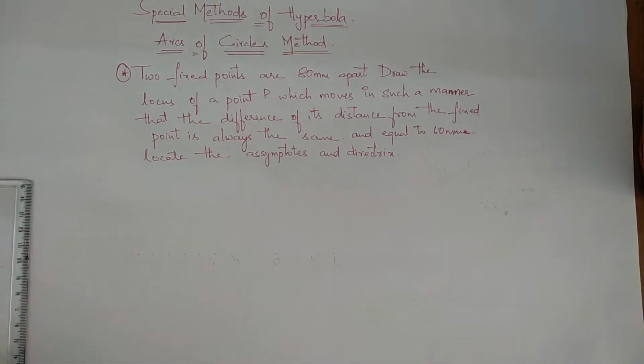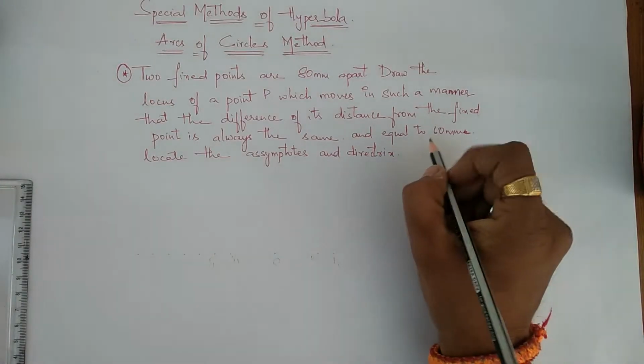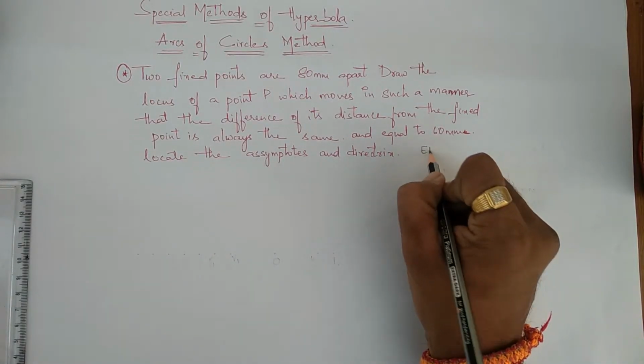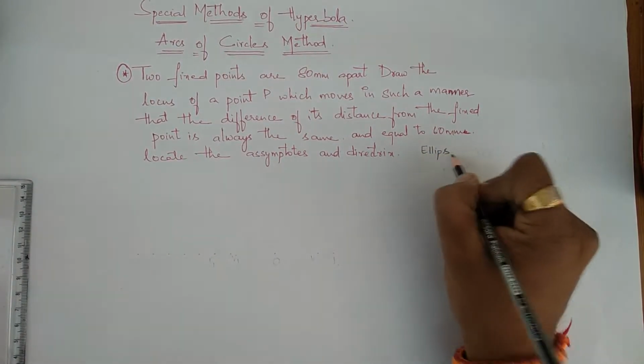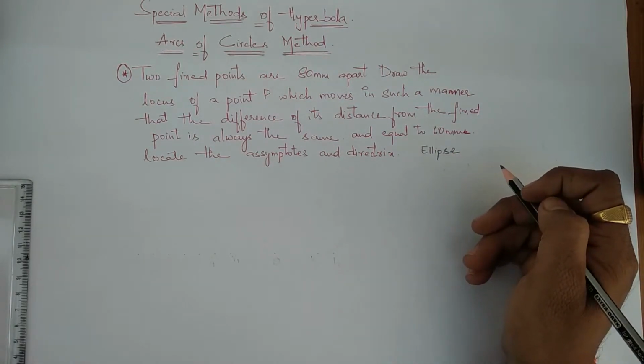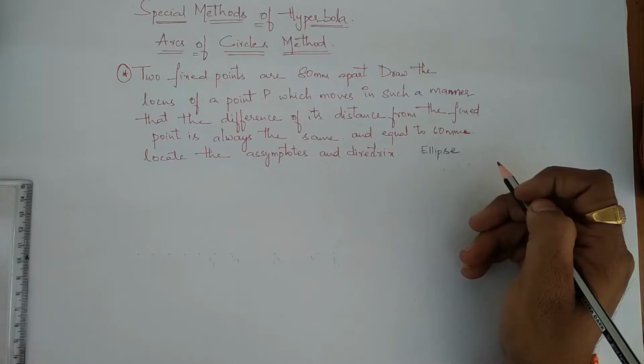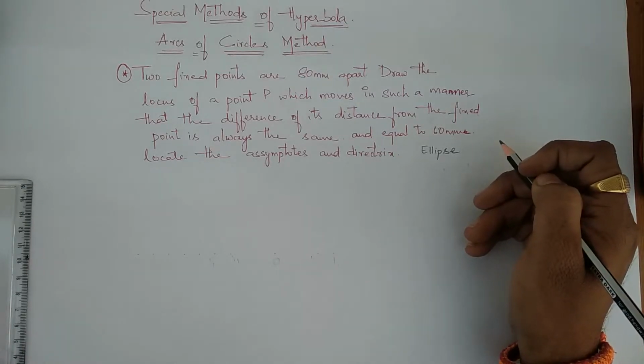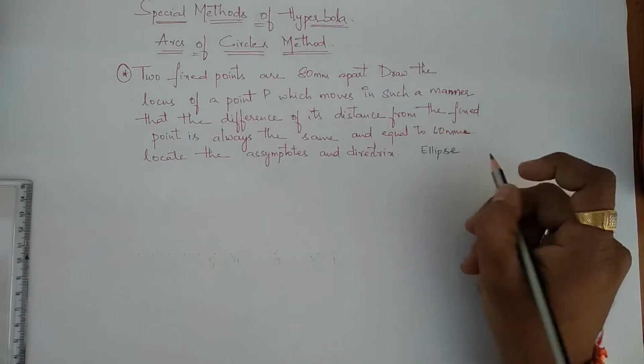Then how do we identify which curve to be drawn when it is given to us in the examination? So here there is a difference that we have to identify. As we discussed earlier for drawing the ellipse, it will be given that the locus of the point moving about the two fixed points is such that the sum of the distances from those two fixed points will be constant.